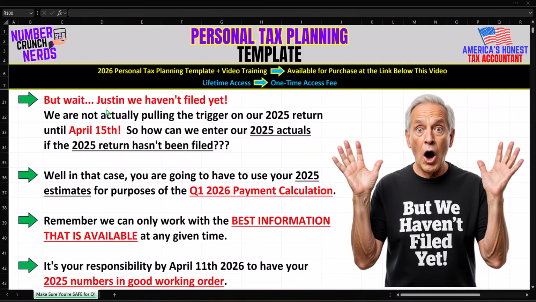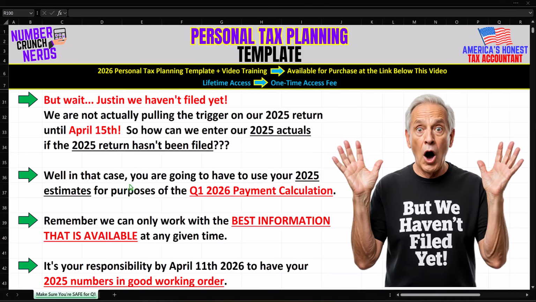But wait, Justin, we haven't filed our tax return yet. We are not actually pulling the trigger on our 2025 return until April the 15th. So how can we enter our 2025 actuals off the return if the 2025 tax return hasn't been filed yet?